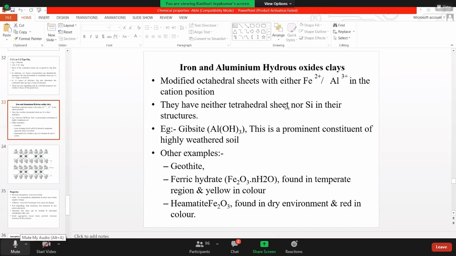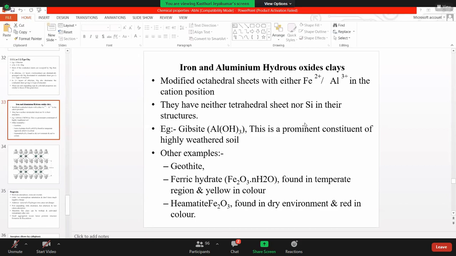Shall I read? Okay. Iron and aluminium hydroxide clays modify the octahedral sheet with either Fe2+ or aluminium 3+ in the cation position. They have neither tetrahedral sheet nor silica in their structure. Example: gibbsite, Al(OH)3.